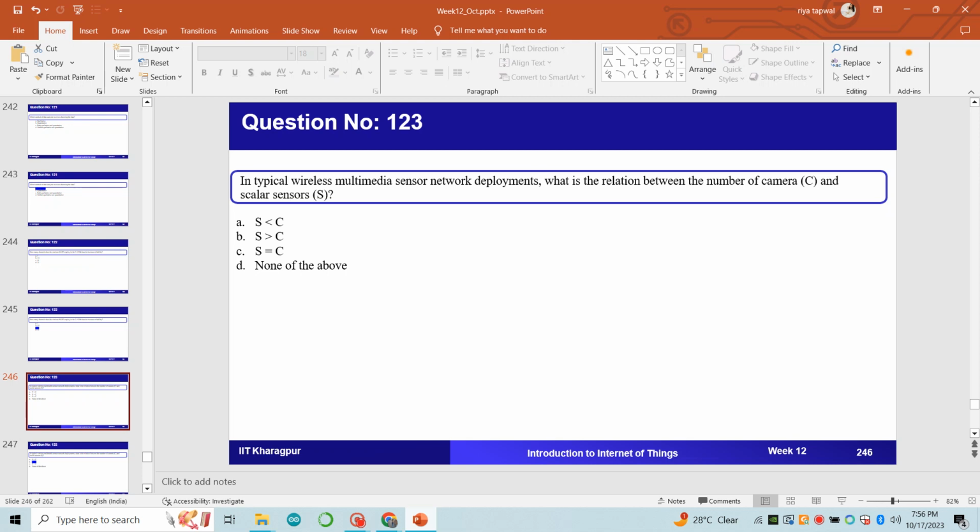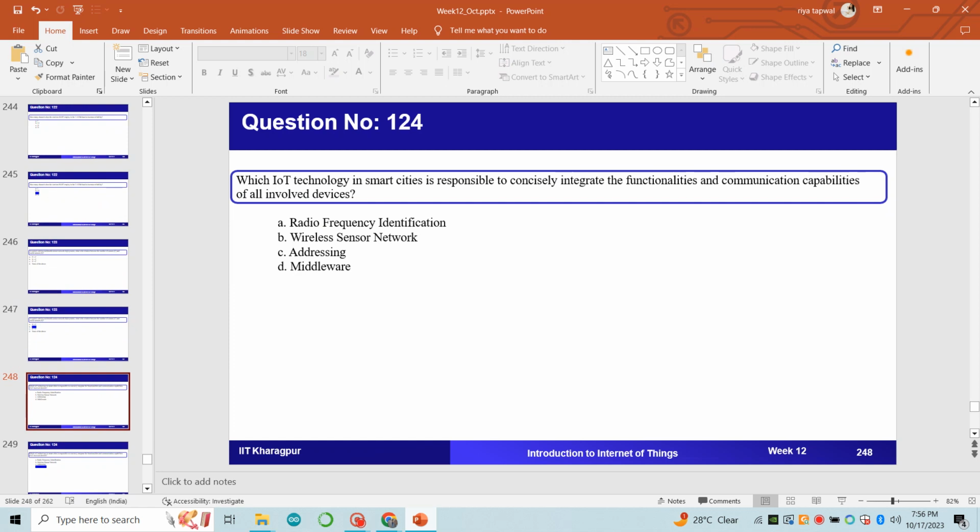Anyone? So it is B. That is, your scalar sensors should be greater in number as compared to your cameras.